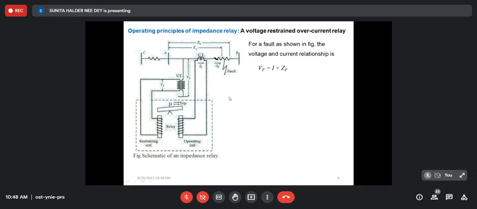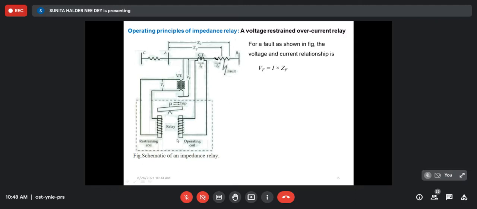For a differential relay, restraining torque was given by some current derived from the current of the system. And for the impedance relay, the restraining torque is provided by the voltage of the system, and operating torque is provided from the current of the system.